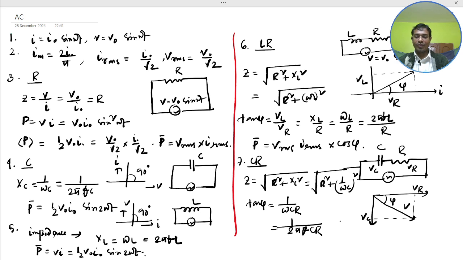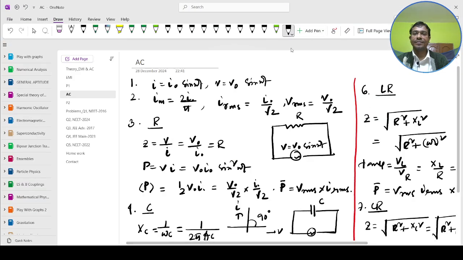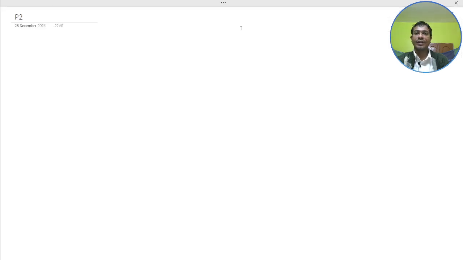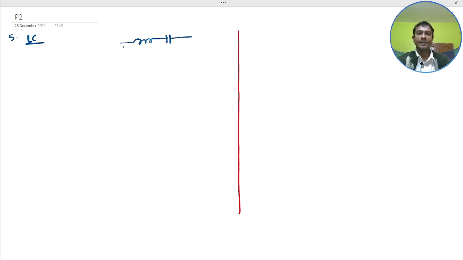So next one, the LC circuit. For the LC circuit, this is the L with C, LC.